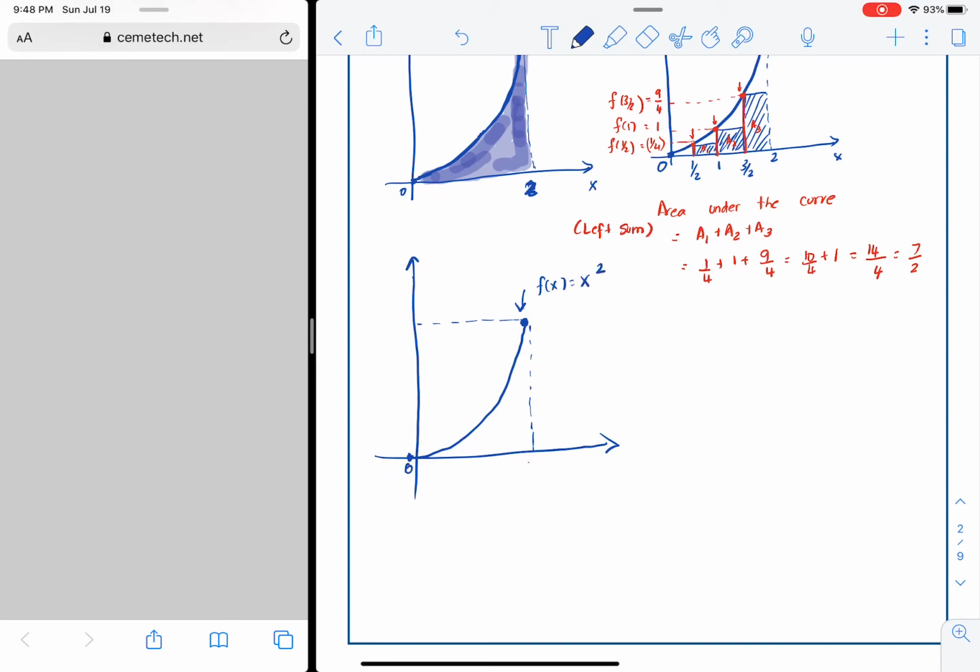And 0 to 2, x and y. And we are going to evaluate the right sum now. I'm going to pick the endpoints like we did above. So 1/2, 1, and 3 over 2.